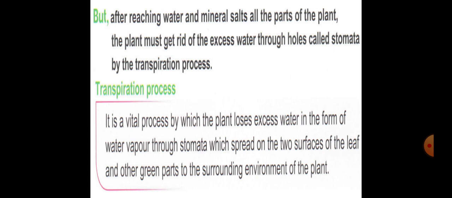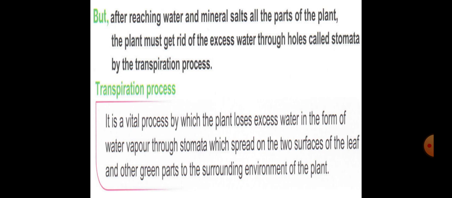It's a vital, very important process by which the plant loses excessive water in the form of water vapor, through stomata, which are spread on the two surfaces of the leaf and other green parts, to the surrounding environment of the plant.